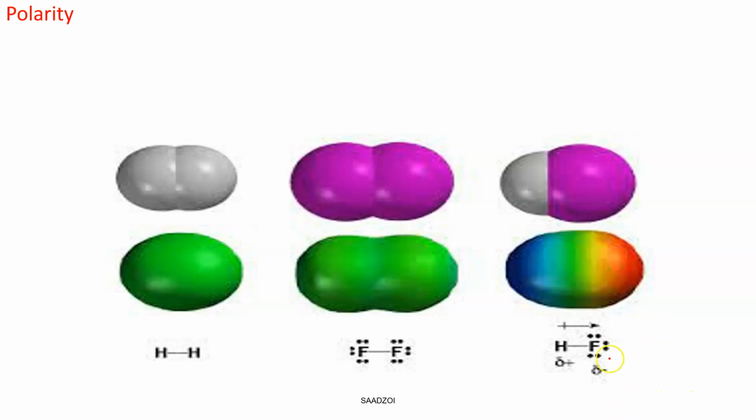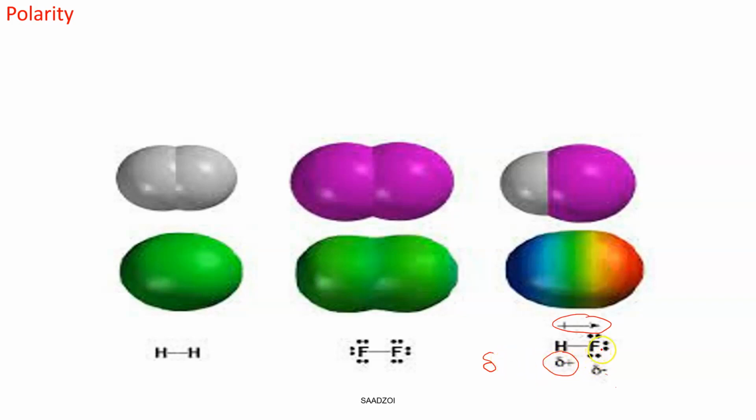HF, now you can see there's a difference of electronegativity. The way we show the difference in electronegativity, we use an arrow pointing to whatever's more electronegative, which is the F. And we use these funny looking symbols, which look something like this. It's called the delta or dipole symbol. What it shows is the positive end and the negative end of that polar molecule.